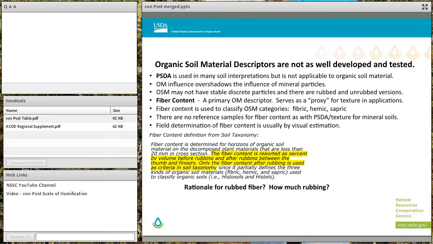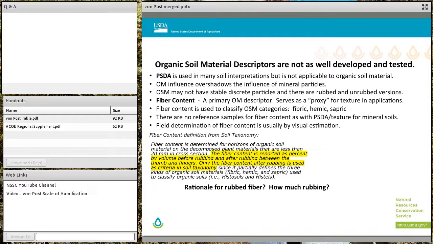On the downside, it is a visual estimation, and unlike PSDA, there are no reference samples. When you were learning PSDA, you could have an example of a silt loam that was determined in the lab. You knew exactly the sand, silt, clay content.